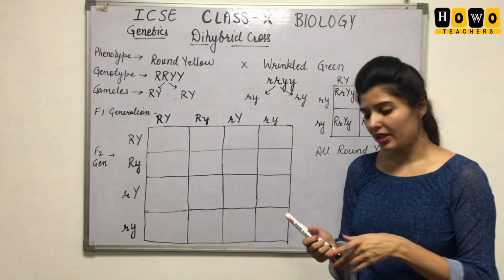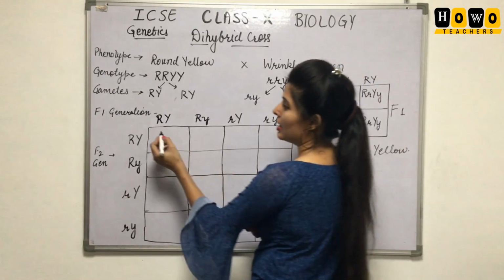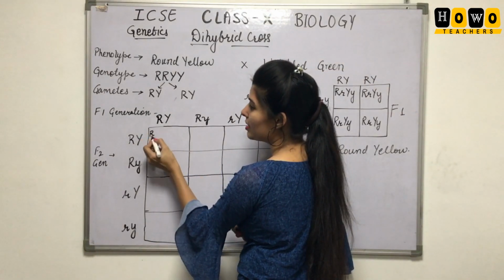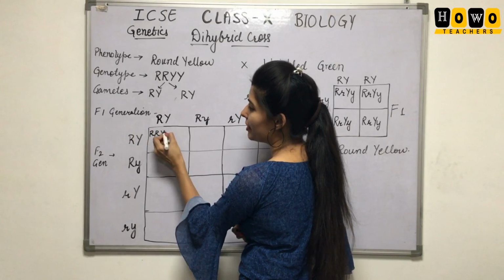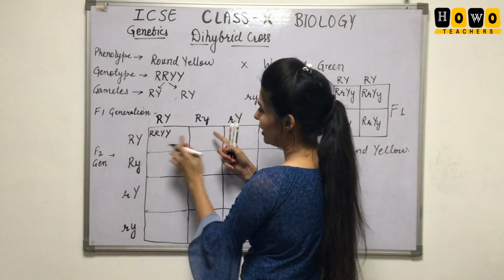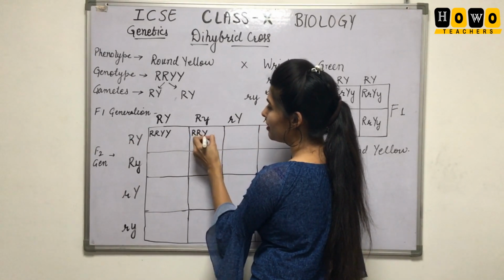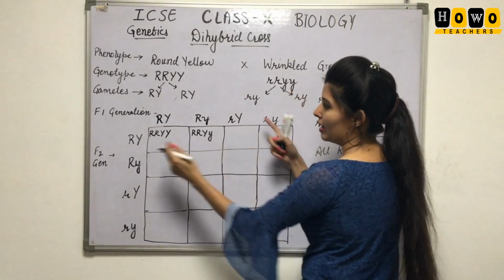Now you have to be very careful while crossing this out. See this, capital R, capital Y, capital Y. These two. Now here you have to note down capital R, capital Y, small y.